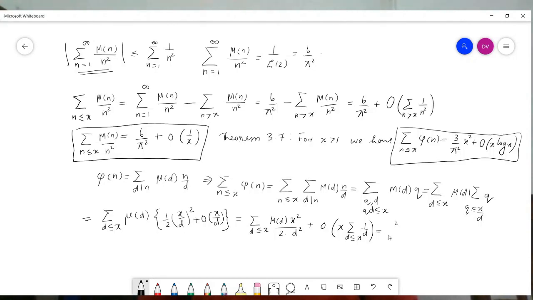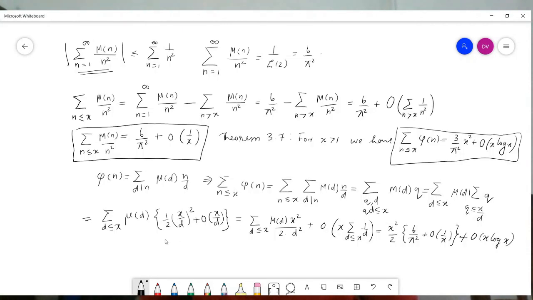So this will be x square by 2 times 6 by pi square plus O of 1 by x, plus the error term. Here, sigma d less than or equal to x of 1 by d is a function of order log x, so x times this can be written as O of x log x.